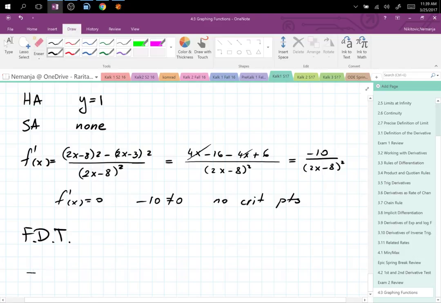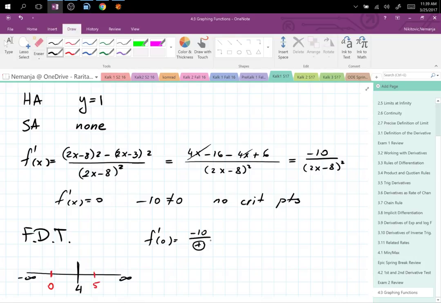So the first derivative test we have from negative infinity to positive infinity, which is the domain, and we are partitioning that at 4. So I'm gonna pick 0 naturally, and then maybe number 5 because everything else is equally evil. First derivative computed at 0 is negative 10 divided by a positive number. I don't even care what that value is because it's squared.